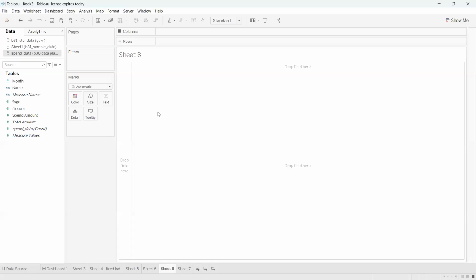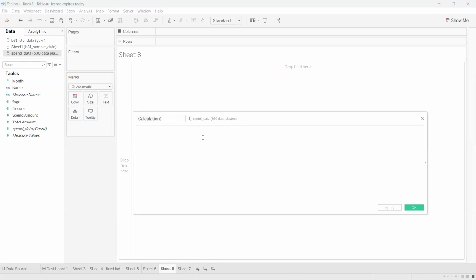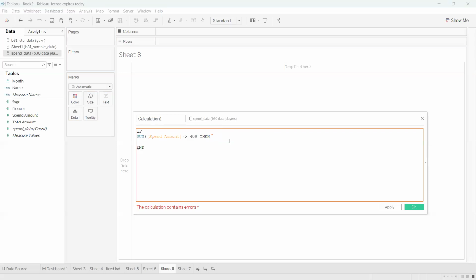Now I go to Tableau here. In real time, most people will write it this way: an IF condition, if sum of spend amount is greater than or equal to 400, then they try to count the name here.